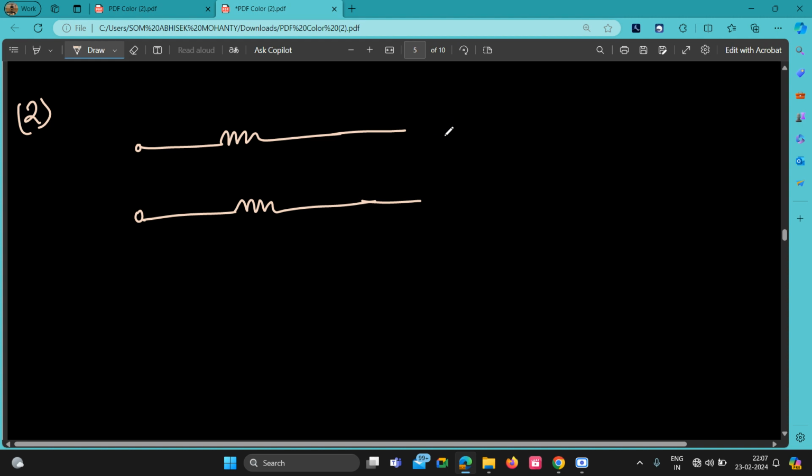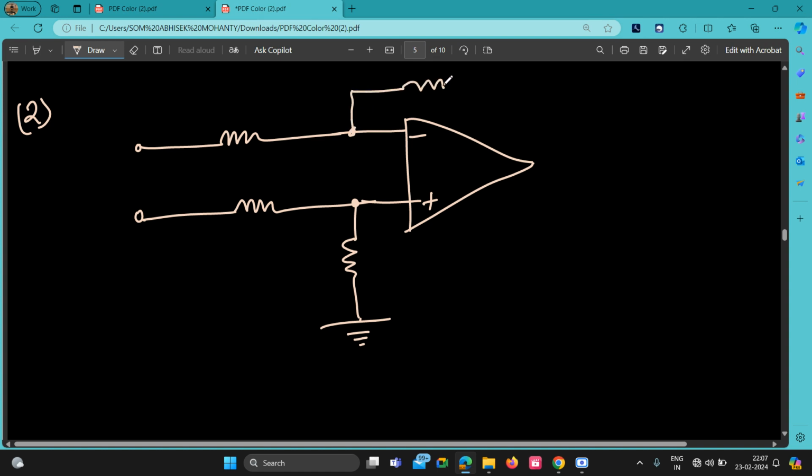Try this question based on this concept. K means kilo ohm.